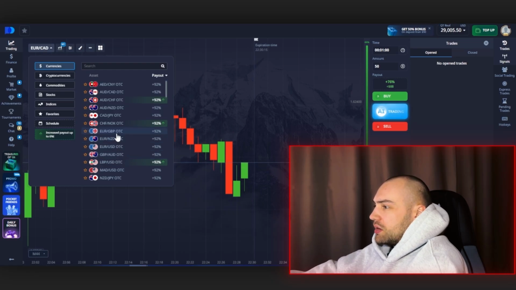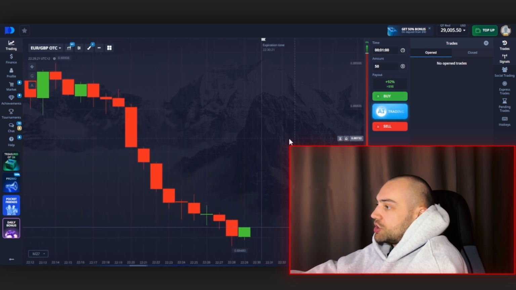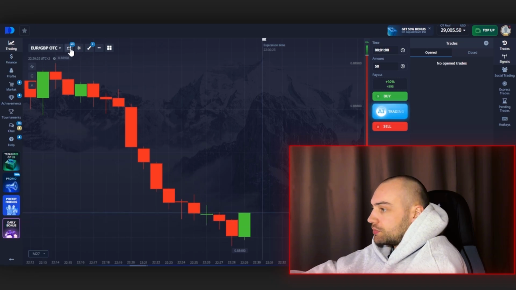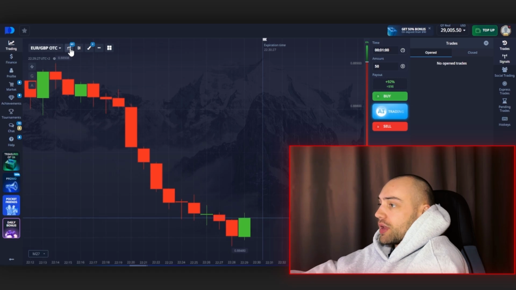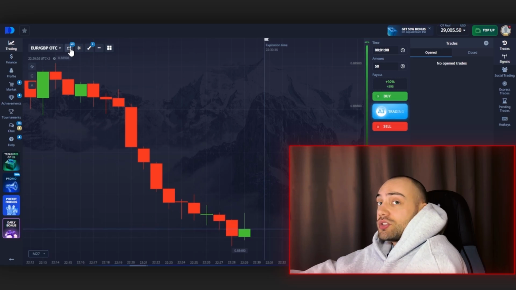Let it be euro and pound. The second strategy is called pullback, or level retest. Very often after a breakout, the price returns back as if checking whether the level has truly been broken, and only then starts moving in the desired direction.